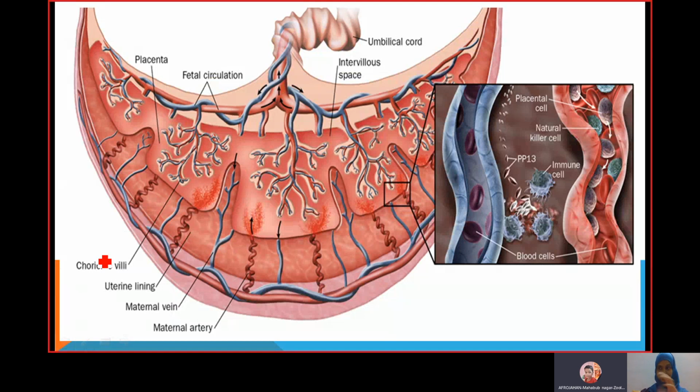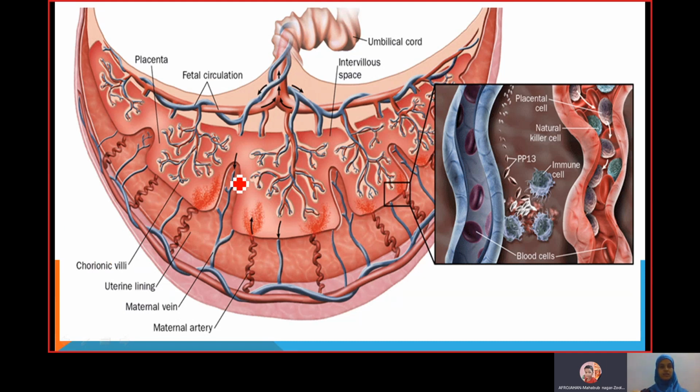It is a temporary connection between mother and fetus for the purpose of shelter, nutrition, excretion, circulation, and defense mechanism. The placenta transports some immunoglobulins from mother to fetus, especially IgG. IgG immunoglobulin crosses the placenta and enters the body, so by birth babies get some immunity against some infections.